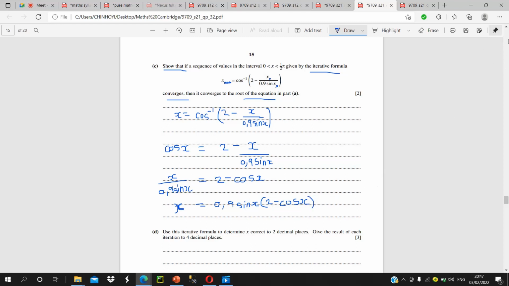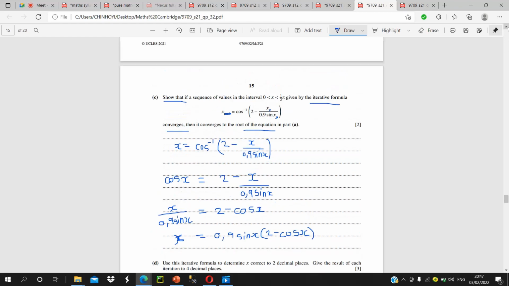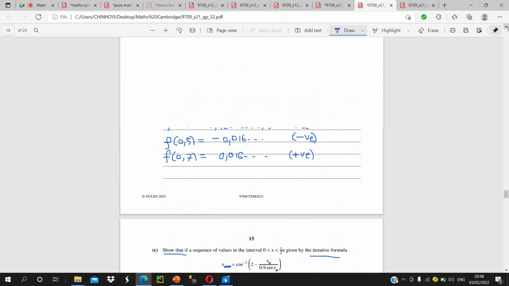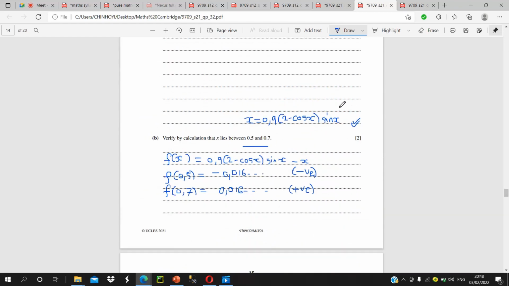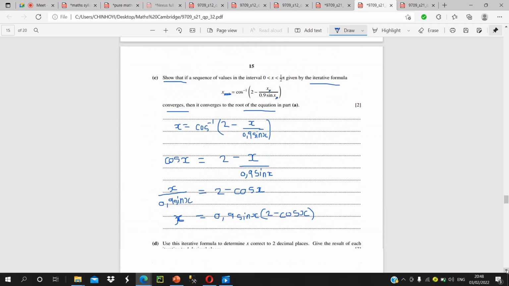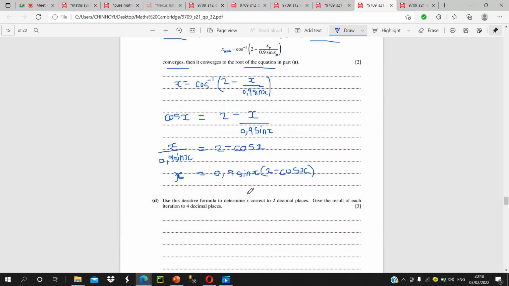And have we reached, is it the same as this one? Yes. Or we can just take this sign to this edge, you still have the same result. So it's 0.9 here, then we have 2 minus cos x sine x.